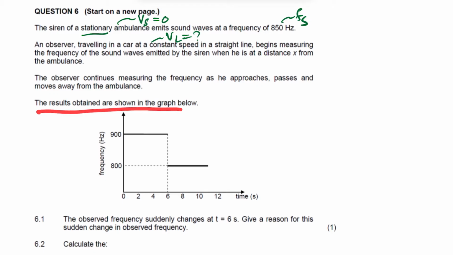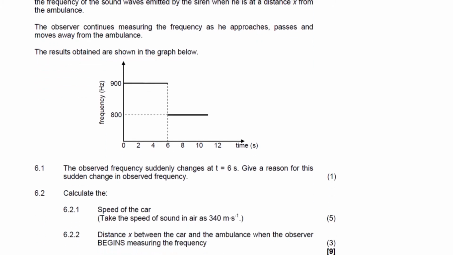So these are the results obtained. This is the graph of frequency of the listener versus time. Guys, as I said in the previous video, there will be a higher and a lower frequency in the scenario of moving towards and away. The higher frequency, which is 900, was when it was going towards the ambulance.